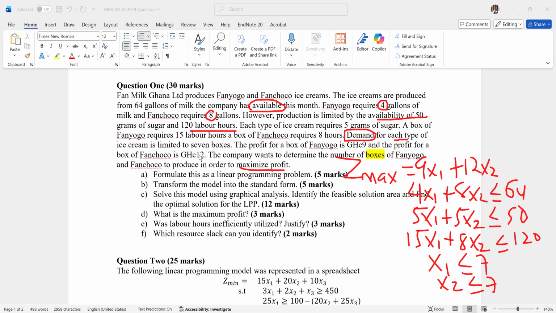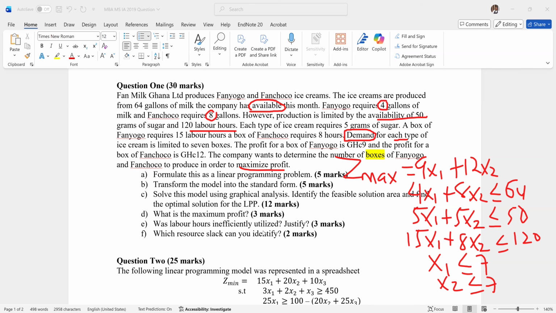If you combine them, what you are actually saying is that x1 is less than or equal to 7 minus x2. You get the point? 7 minus x2. And that is not the constraint that you want there. Anyway, after you've done it like this, the next thing is to now formulate it.